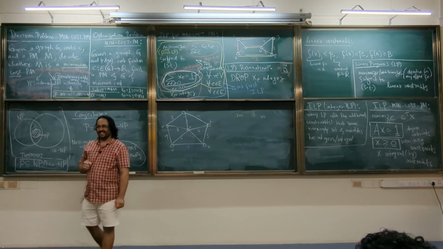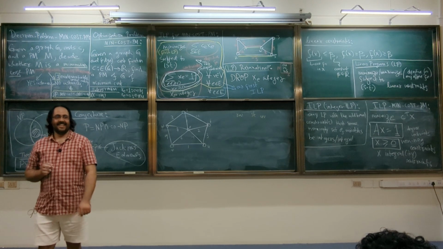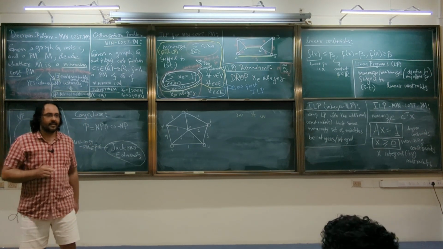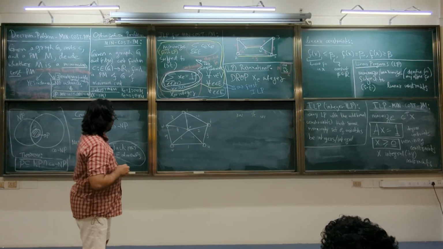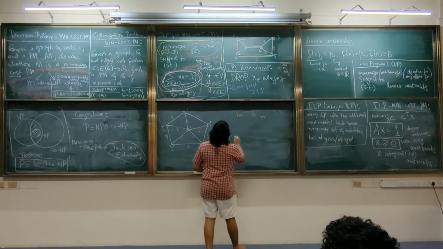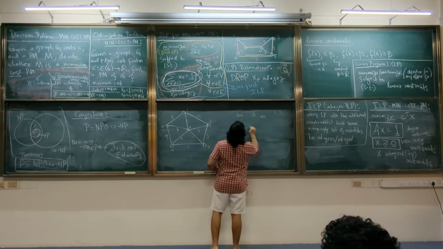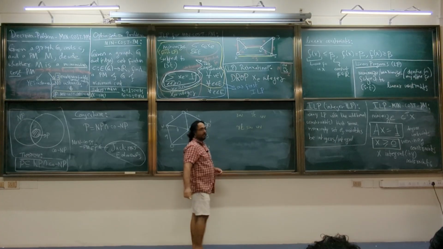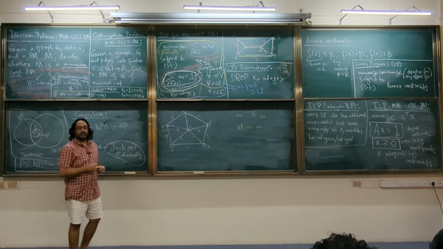Somebody can do better? Done. Yeah. RT, SW and V. And what is the V? Yeah. How much is it?